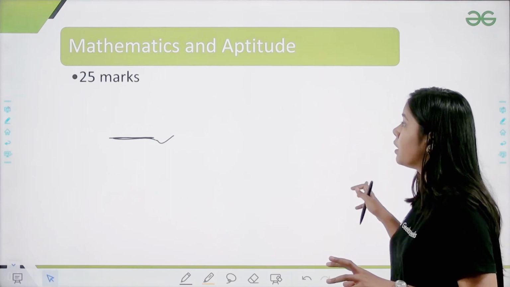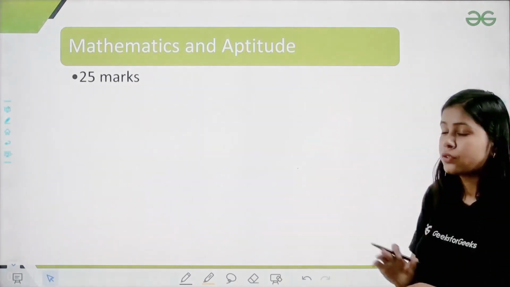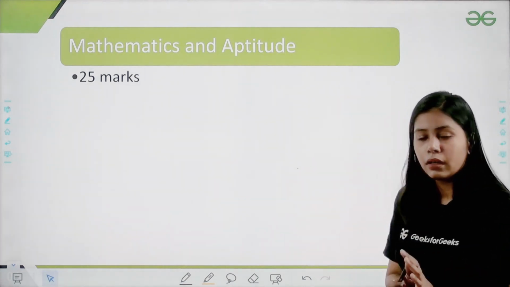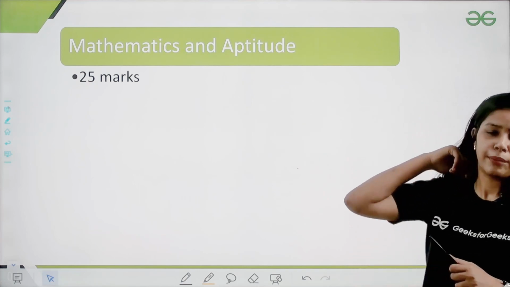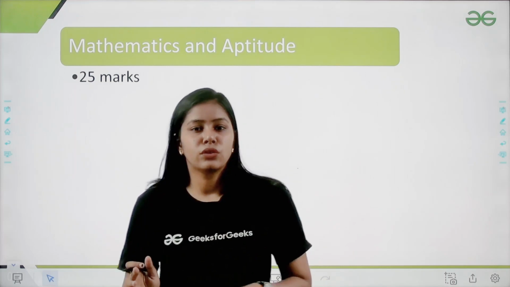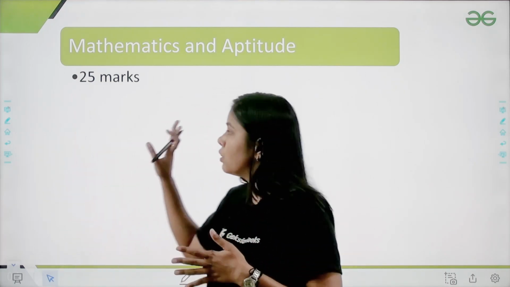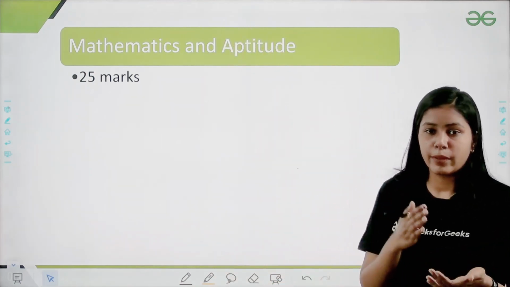Now we have engineering mathematics and aptitude. It is around 25 marks, because we have taken discrete mathematics before, so we are left with 25 marks. Aptitude, all of you know how to work on that. You are going to work on aptitude for placements also, so you can work on it for this as well.